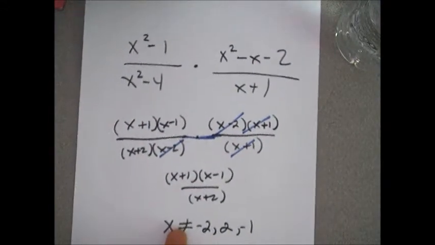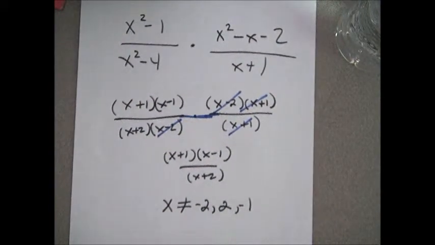Hey, Mr. Baker. Yes, Phil. It wouldn't be right if you didn't do 17. What's the name we just did? What did you just write down there? Restrictions? Yeah, anything that was ever on the bottom, you 0 it out.